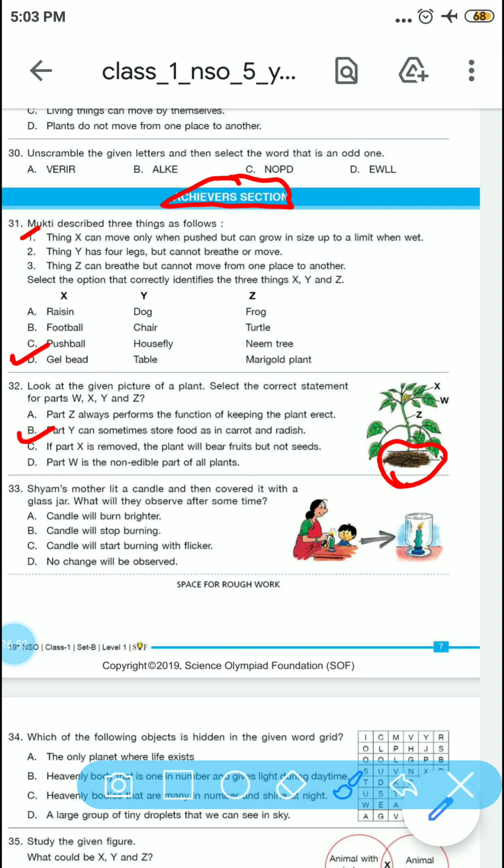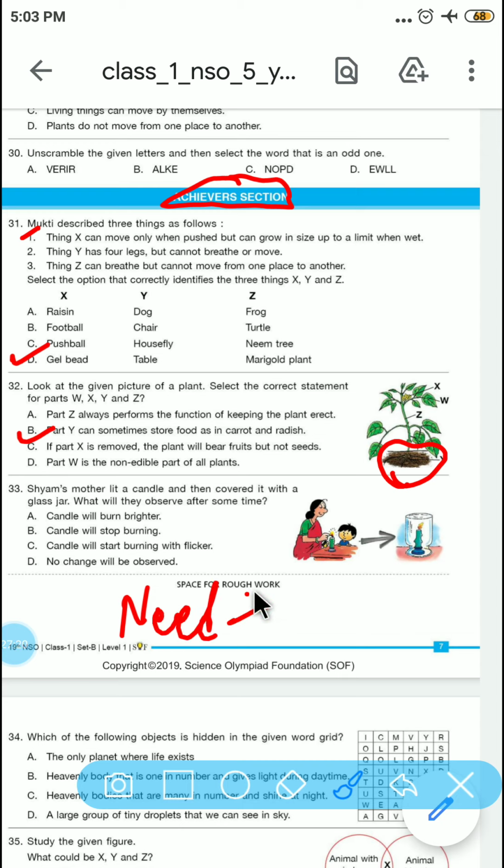33rd question. Shyam's mother lit a candle and then covered it with a glass jar. What will they observe after some time? So all substances that burn need air.